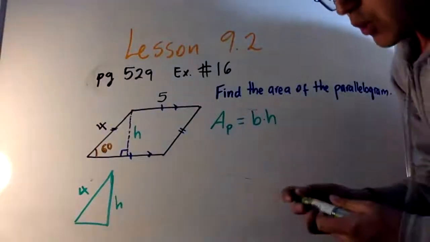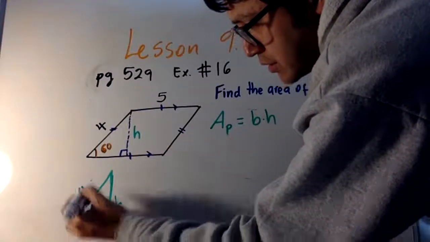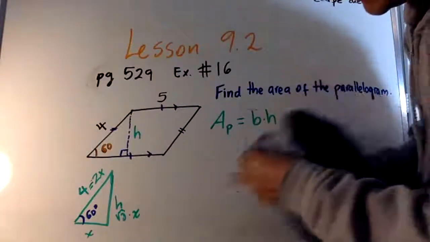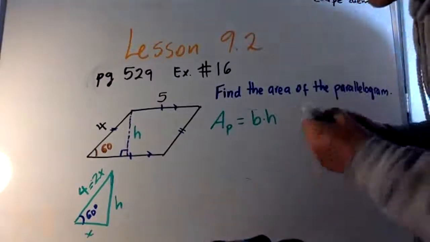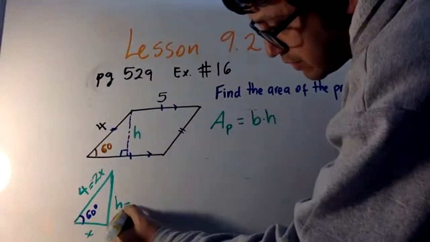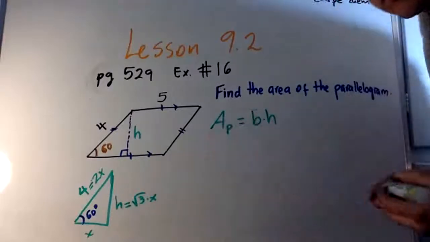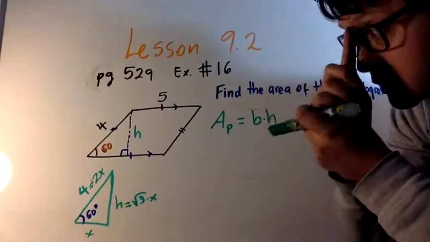Okay, so based on what we learned in this lesson, the long leg is square root of 3 times x. With that information, I think we can already find what we're looking for.